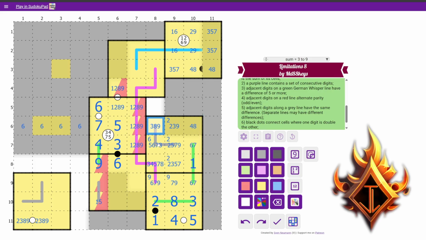Three, 5, it doesn't go that way. 3, 6, 9. This has a difference of 3. Did I mean to... I don't think I meant to mark that like that.